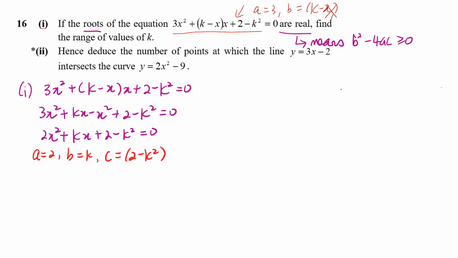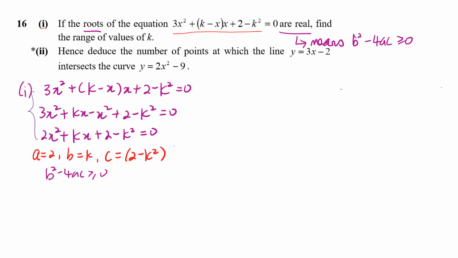You will realize, how come there's an x there? That gives you an idea that it's not correct, so I need to do some algebraic manipulations to get the values of a and b. C is any other constant, any other value without x squared or x term.